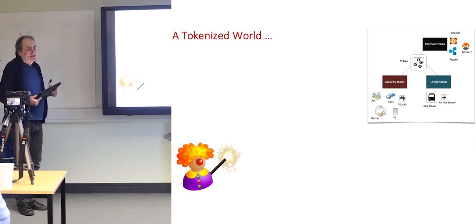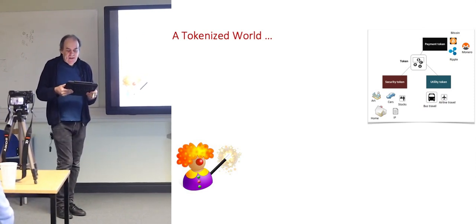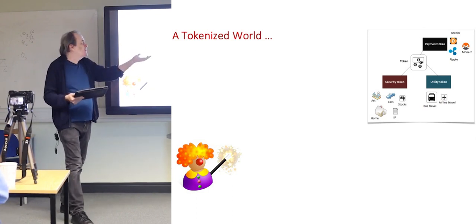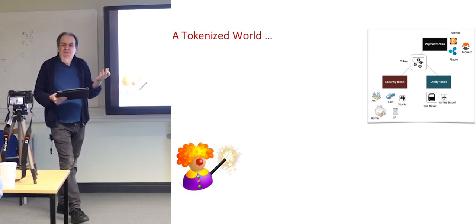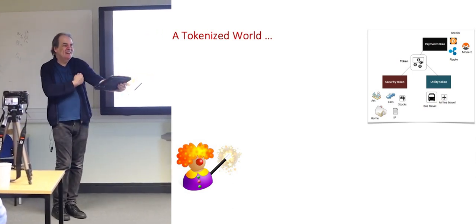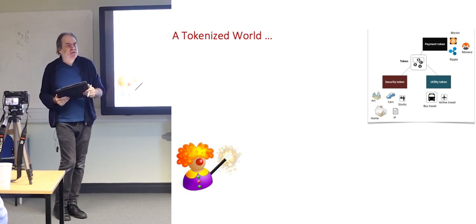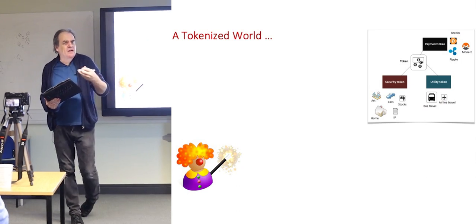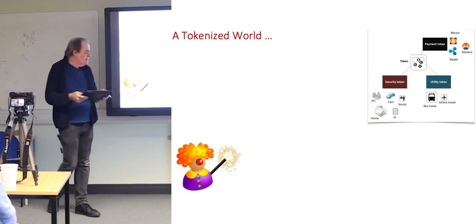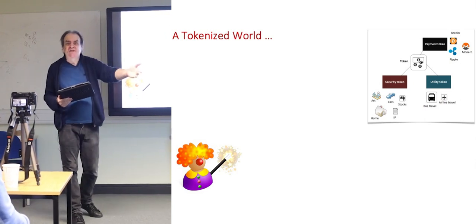So the world we're looking at is maybe moving towards what's called a tokenized world. In this way, we can have things like payment tokens, so we can pay through cryptocurrency if we need to. Why does fiat currency even exist in this modern era? We can have a security token, so I can prove that I own a car because I have a crypto token that was signed when I bought the car. If I want to transfer it, I can transfer it to you.